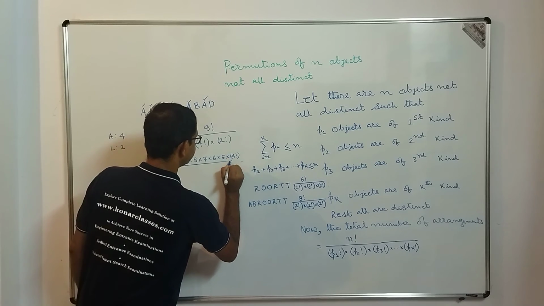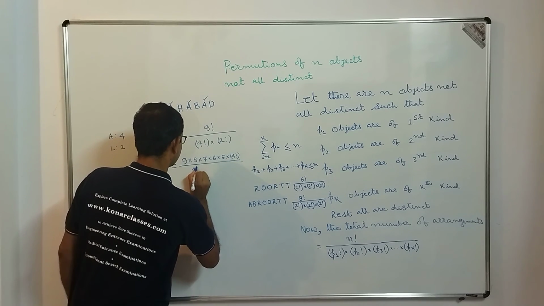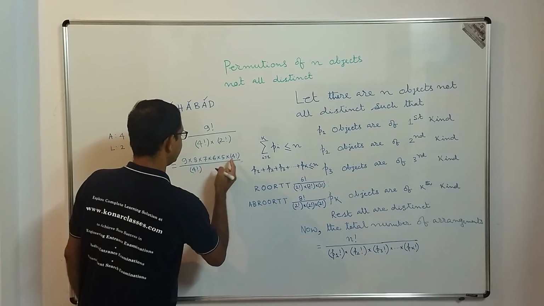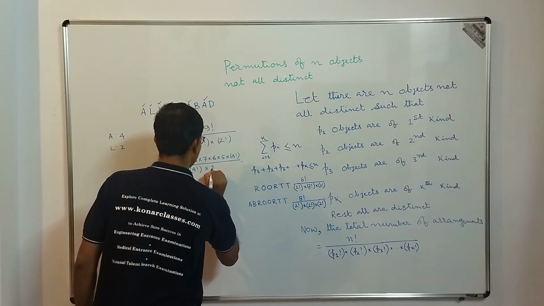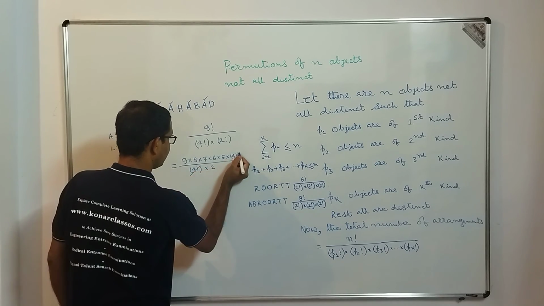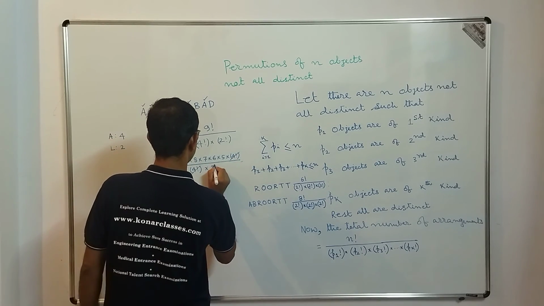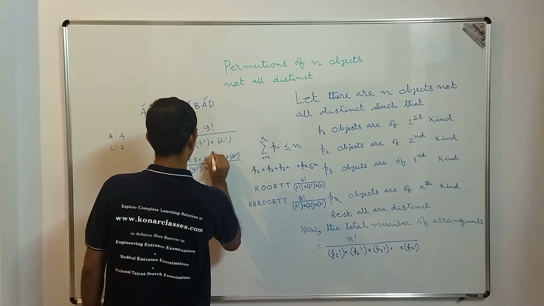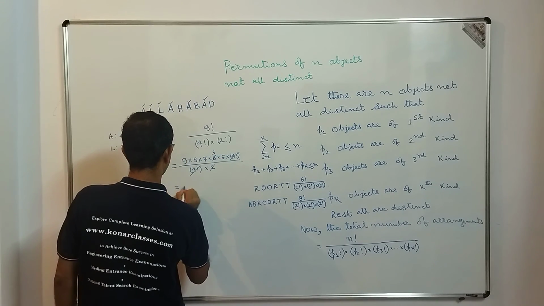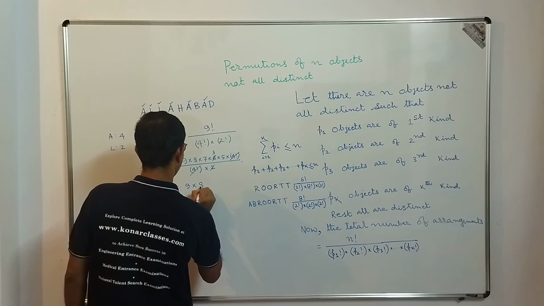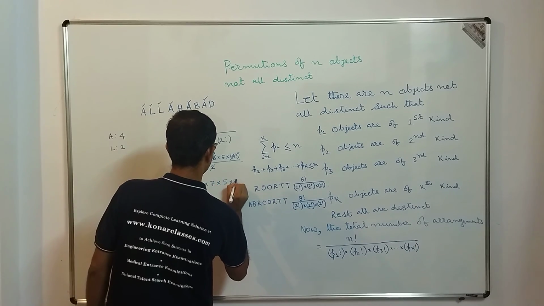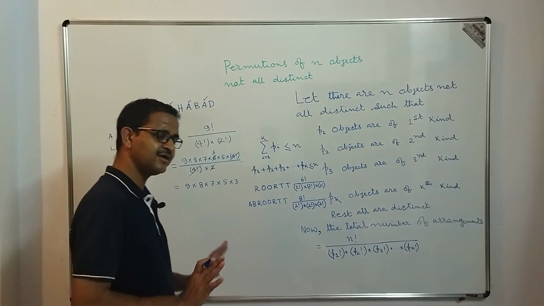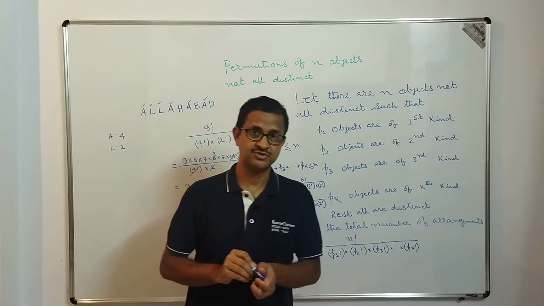We will not expand it because the 4 factorial in the denominator will cancel with this 4 factorial in the numerator. And 2 factorial means 2. So 4 factorial got cancelled and 2 is cancelled here with 6. So we get 9 into 8 into 7 into 5 into 3. Whatever value you get, that is the possible number of arrangements.